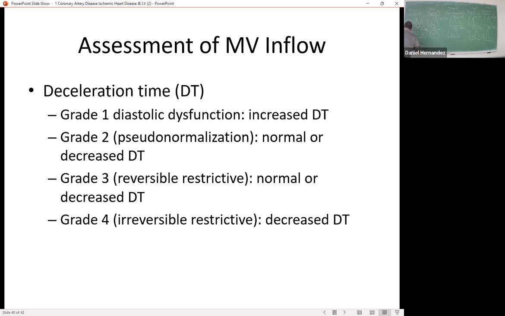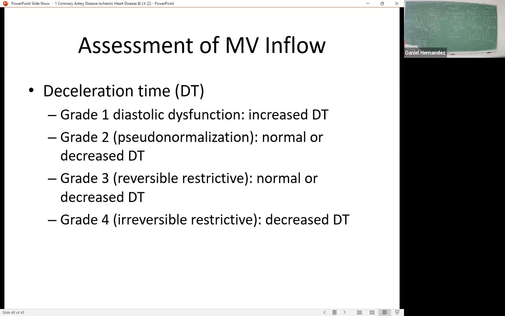So our E prime and A prime, let me draw this below the baseline. For normal, we're still going to have a large E and a small A. And when we're talking about diastology, what they're going to compare now is our E and E prime.